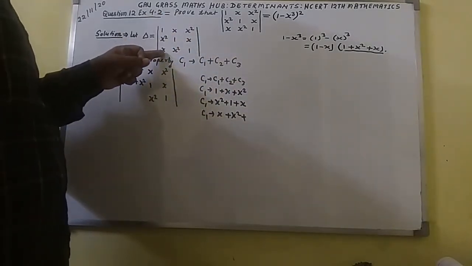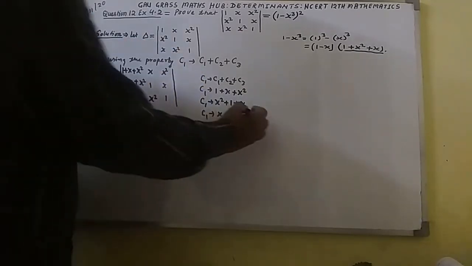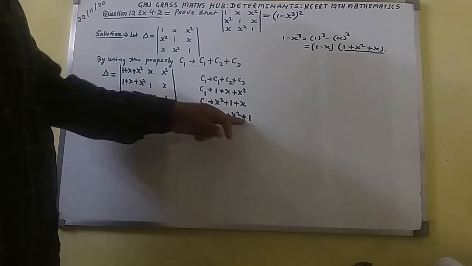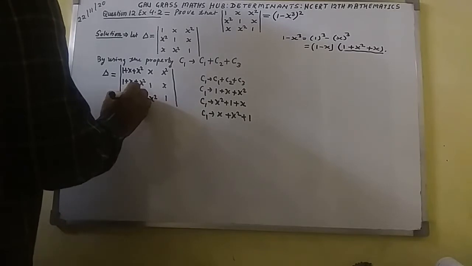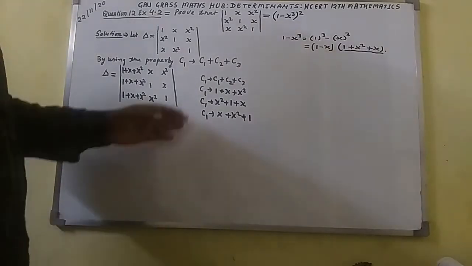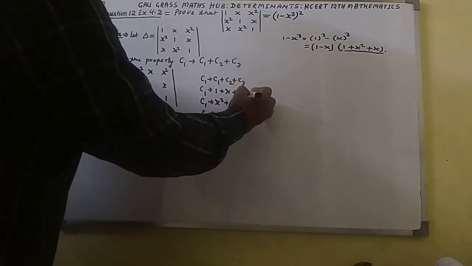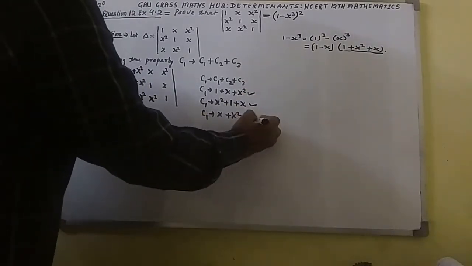The corresponding element of x in the third column is 1. So here write 1. So this thing I can write 1 plus x plus x square. This one will be written, this one will be written, and this one will be written.